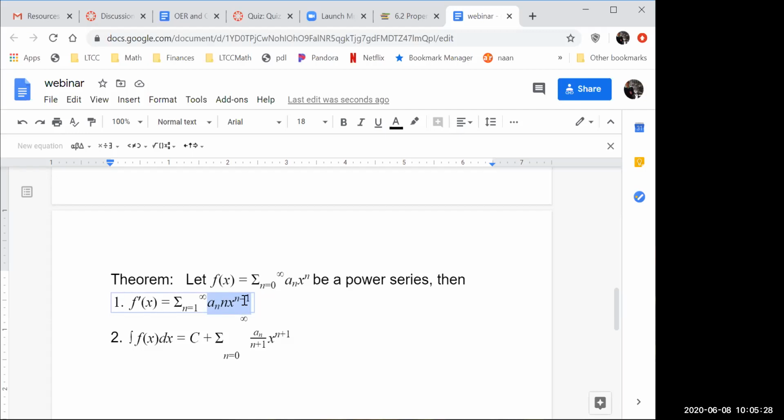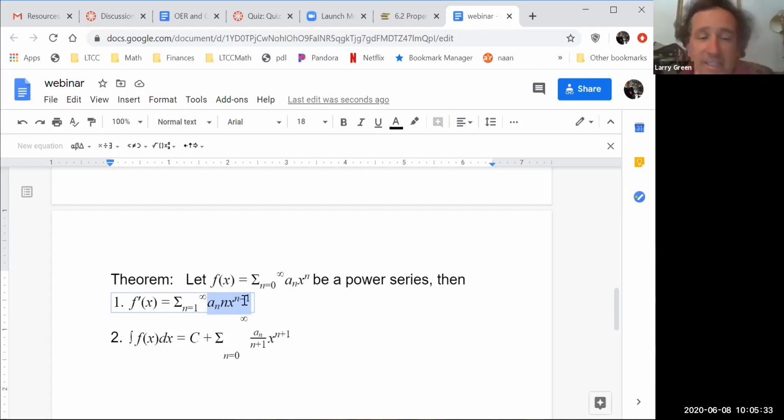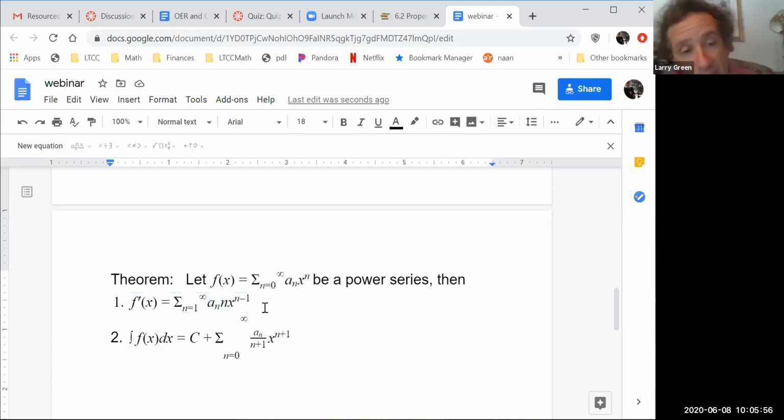It got bigger because we multiplied by n, right? N goes to infinity, right? And we got rid of an x, but x is just a number, right? So we're taking infinity times a number, and that's what we're multiplying by. So we actually are making the terms bigger when we take a derivative. Do you see that? So you can't lose divergence.